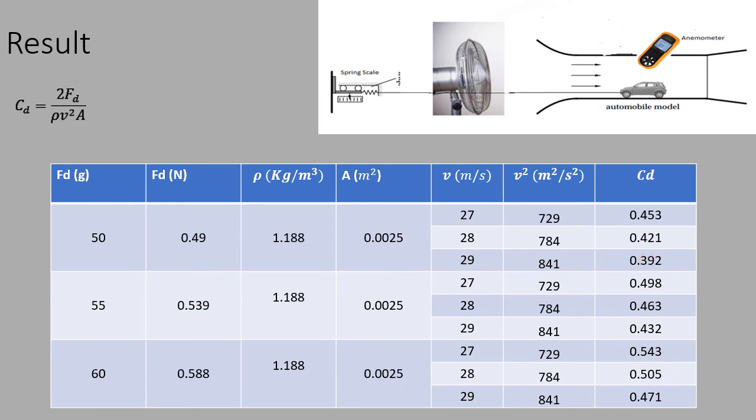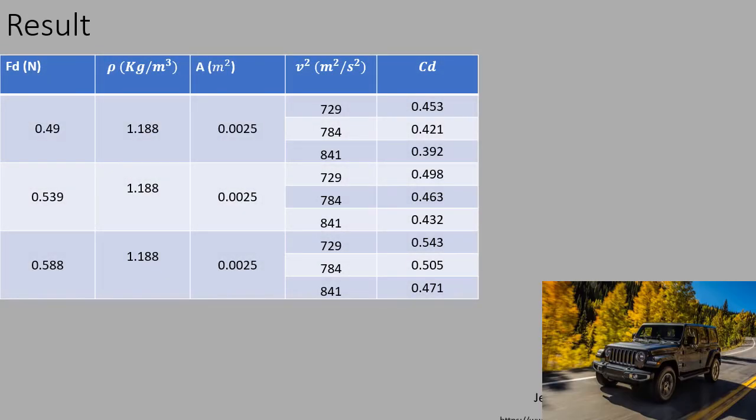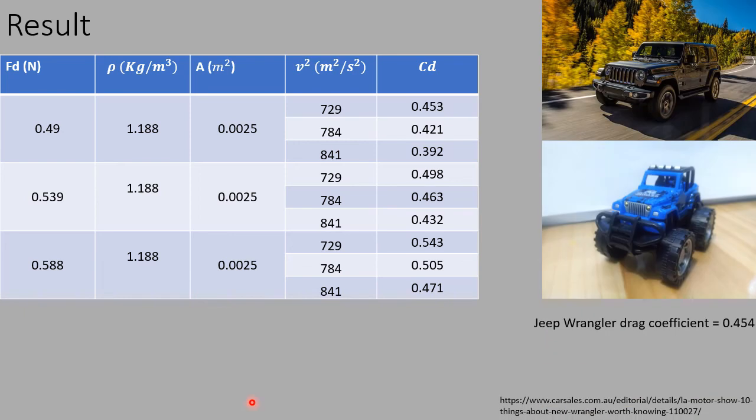And then if we compare our experiment result to the real world, I think the value is pretty much the same. Here I get the real value for the Jeep Wrangler. The picture is the upper one, and I got from carousel.com that the Jeep Wrangler drag coefficient is 0.454.